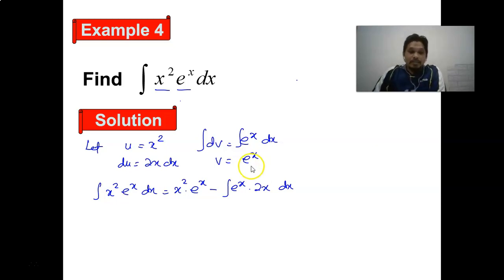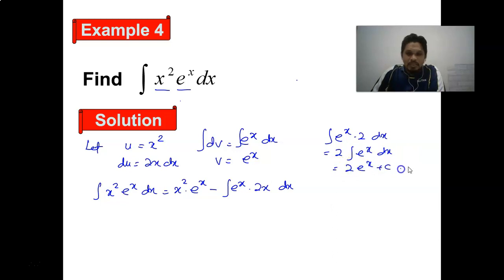Okay class, in this question, if this came out with the integral of e^x times 2 dx, then we could simplify this as 2 times the integral of e^x dx equal to 2e^x plus c. By the way, we cannot simply integrate this easily, because we get an x here.